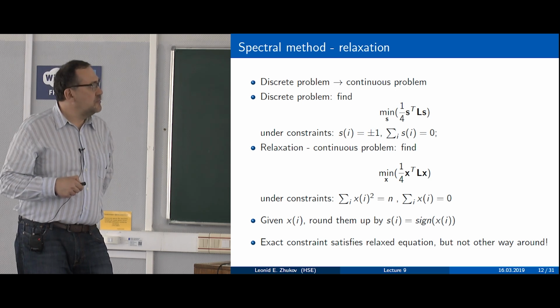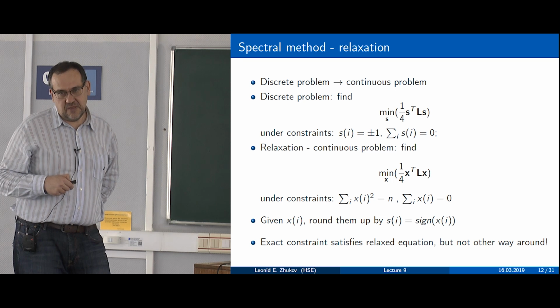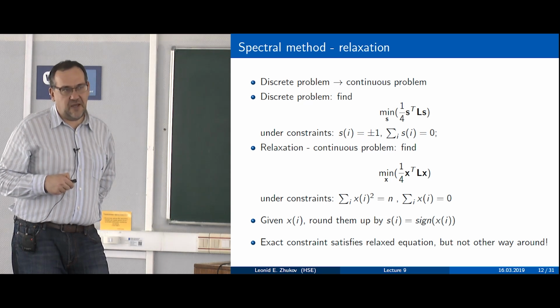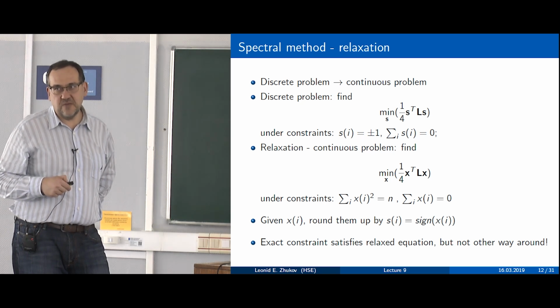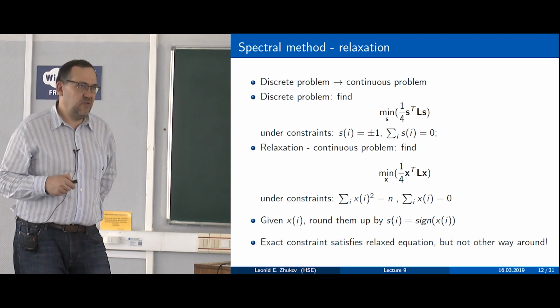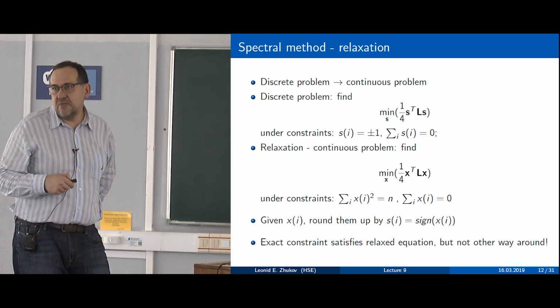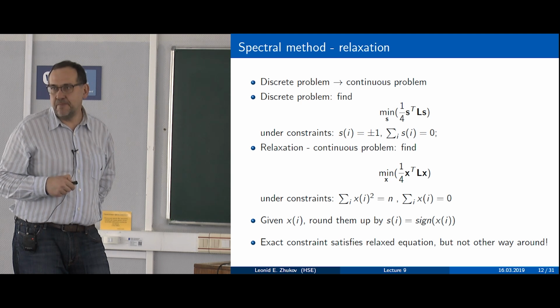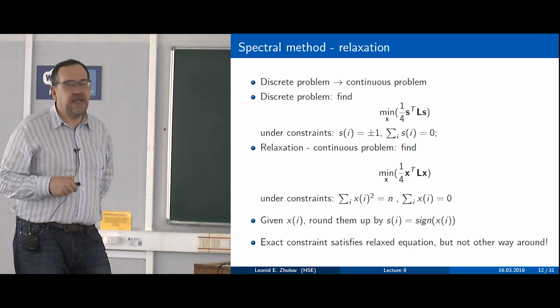Let's assume that S can take real values. So it's not plus 1 or minus 1 anymore, but can be 0.3, 0.5, 0.9, whatever. We remove the integer programming constraint.